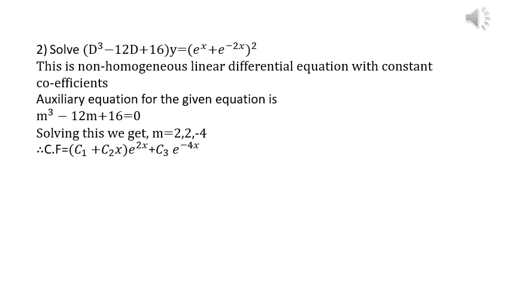First we go for finding the complementary function. For that, write the auxiliary equation: left hand side inside the bracket D³ − 12D + 16, and put equal sign 0. So the auxiliary equation is D³ − 12D + 16 = 0.